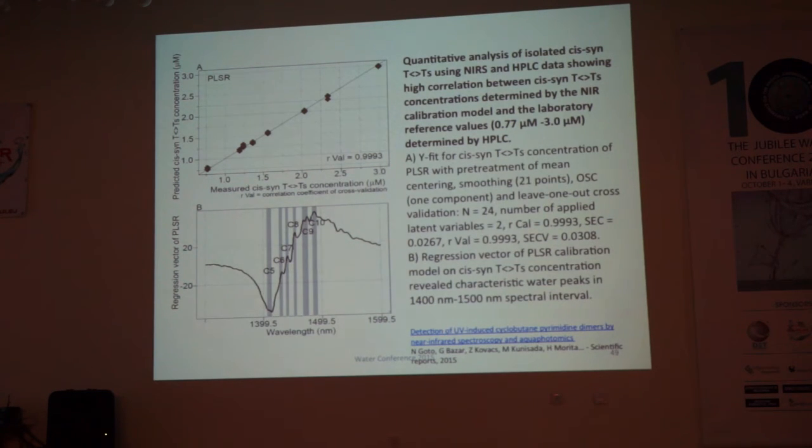Much better than HPLC. You can go to the paper, so we compared. We measured by HPLC, we measured by infrared, and you could see that infrared light can see the changes in the water caused by the modification of DNA as a result of UV.